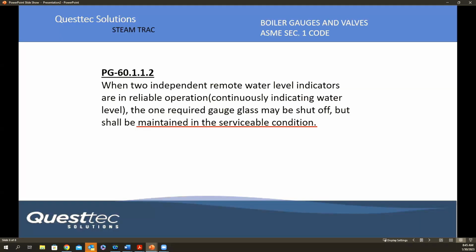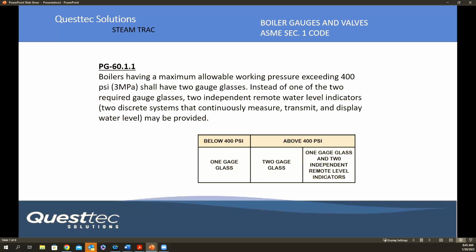So with that said, that's really the gist of what I wanted to cover here today. I wanted to make sure that everyone understood that there's a pressure threshold at 400 pounds working steam pressure. So that's the first thing we're assessing. And then from there, what are the requirements?